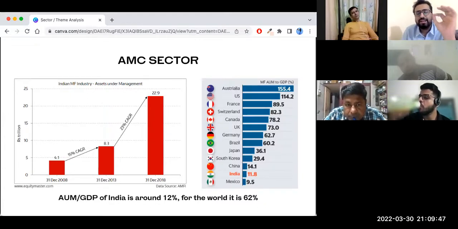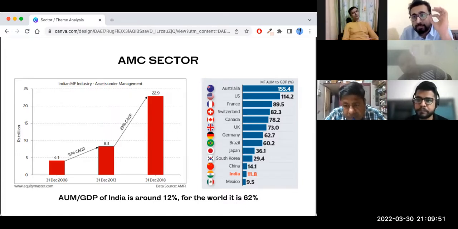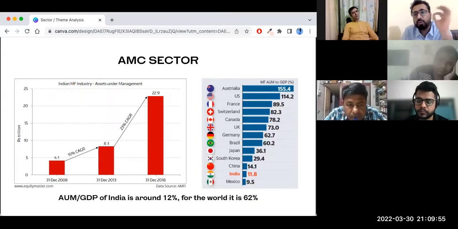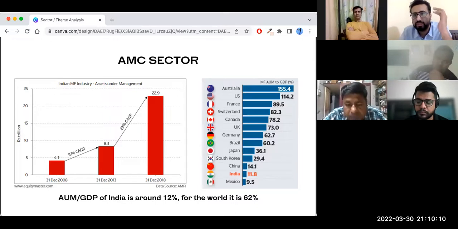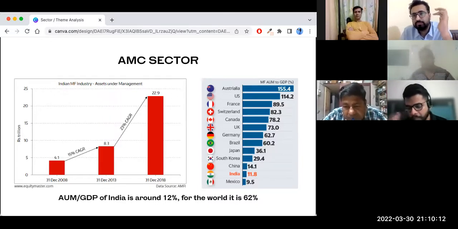AUM growth in the Indian mutual fund industry has been 23% from 2013 to 2018. 23% AUM growth. Even after COVID, it actually jumped really well. It had a growth of, I think, 40 to 50%.